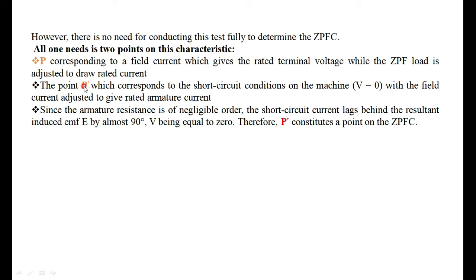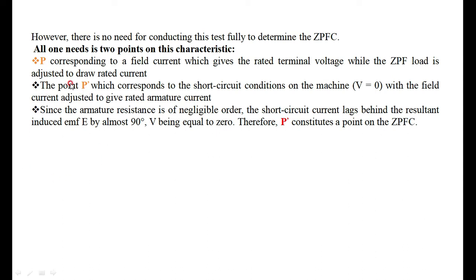That is point P dash. P is the point corresponding to the field current which delivers the rated current at the rated voltage, whereas P dash is the field current required to circulate the rated current under short circuit condition.